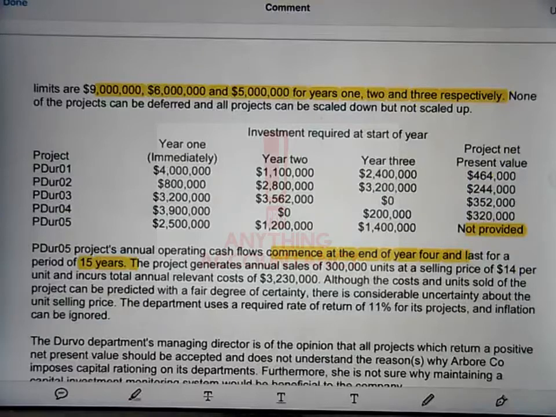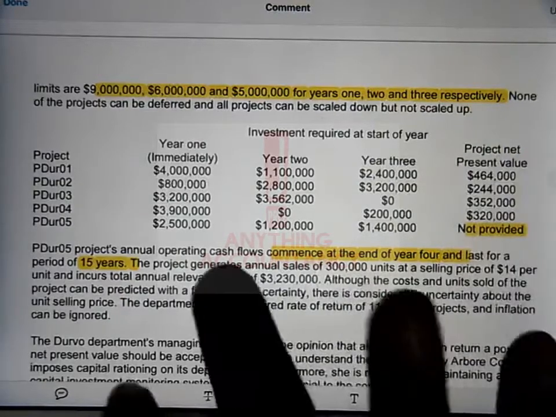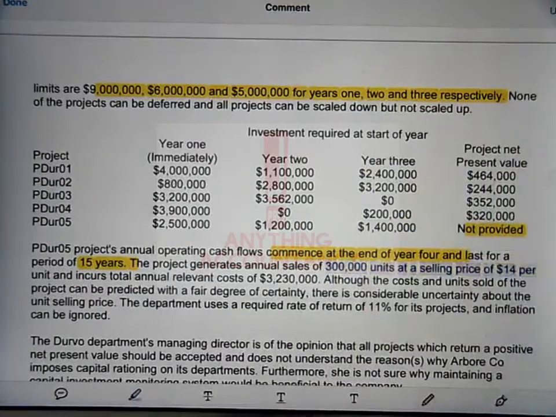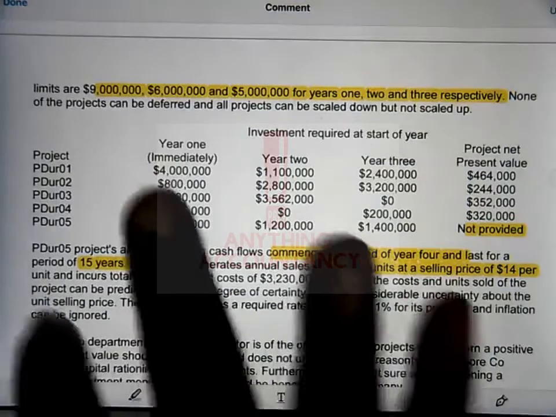Got it? So next one, the project generates an annual sales of 300,000 units per set at a selling price of $14. So they've given you certain information here already. Okay, and incurs a total annual relevant cost of 3230. Although the costs and the units sold of the project can be predicted with fair degree of certainty, there's considerable uncertainty about unit selling price.